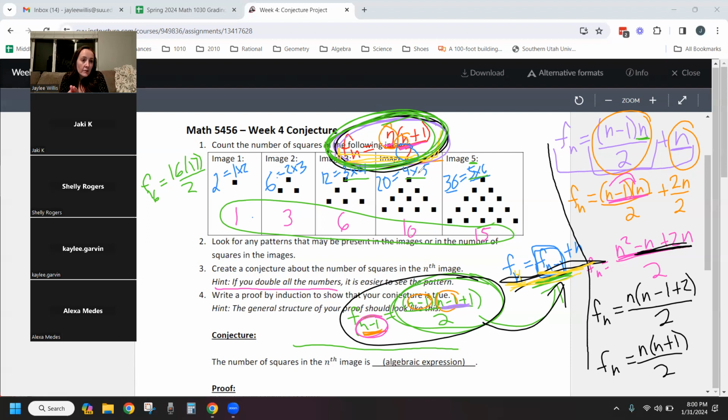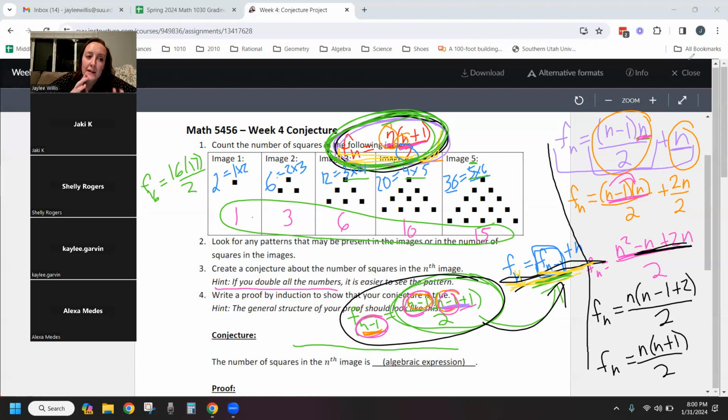So if n is 100, we're looking at the 99th term. And we're saying that you would do 99 times 99 plus 1, which we simplified up here to just 99 times 100.